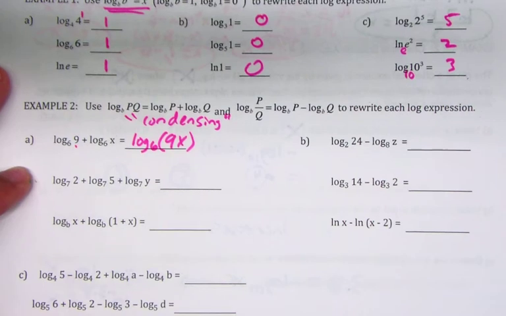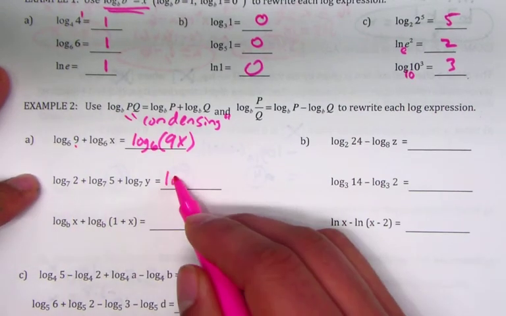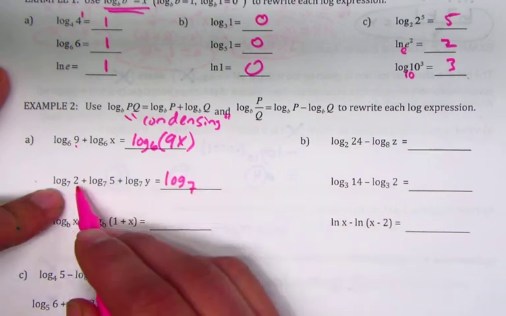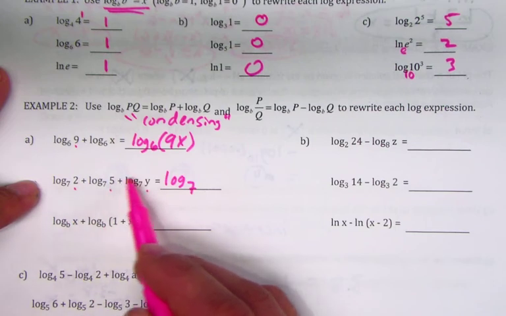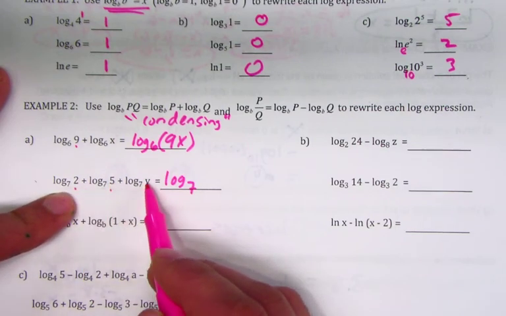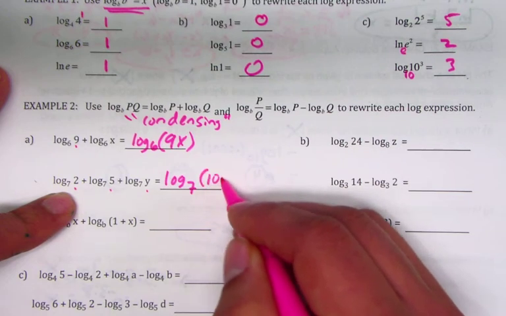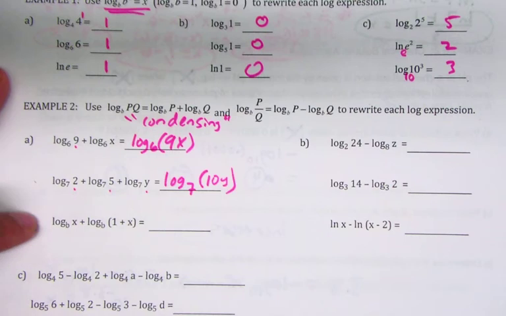Does that make sense? Okay, over here, this would be log base 7. All of these are being added again. So 2 times 5 times y. What is that? 10y. Okay.